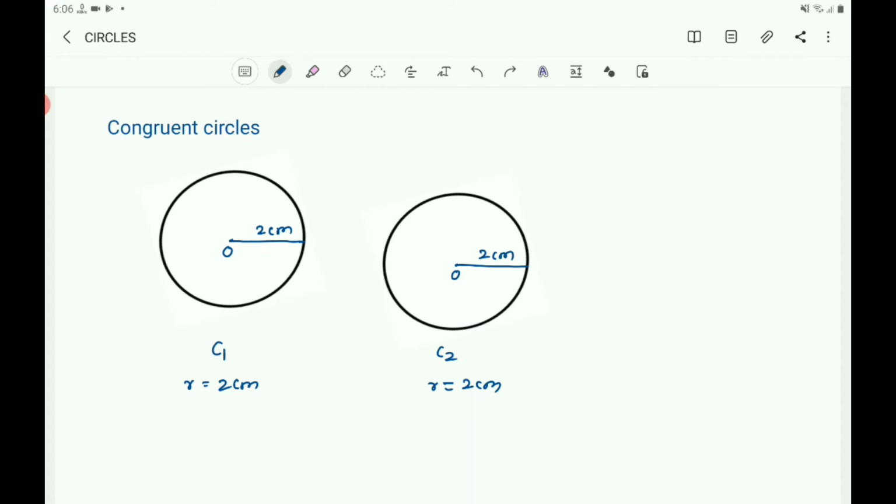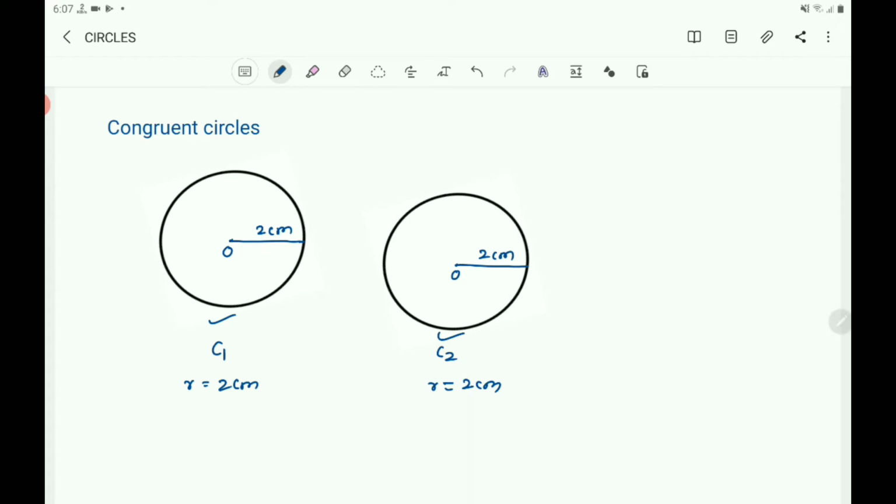So you can say that two circles are congruent if and only if either of them can be superposed on the other so as to cover exactly. Here C1 and C2 are two circles. If you keep C1 on C2 or C2 on C1, they cover exactly.